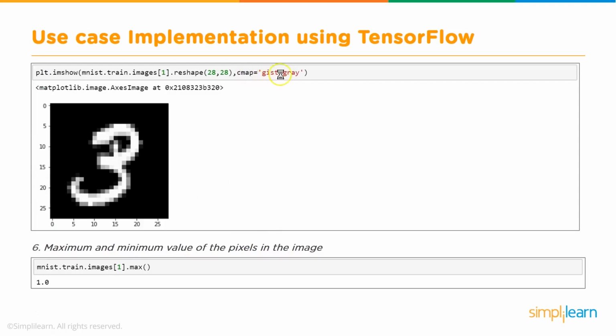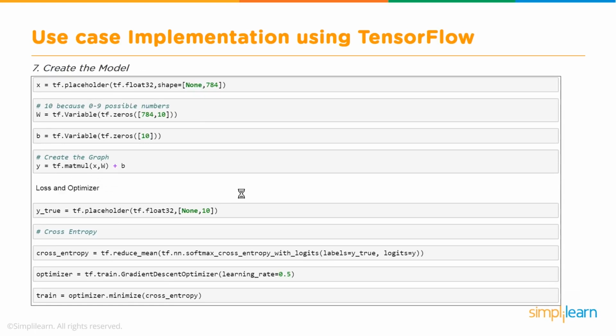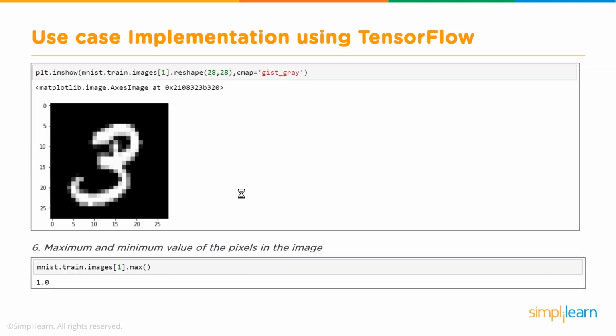The cmap is what tells in what way we want to view it, and these are the maximum and minimum values of the pixel values. Maximum is 1 because this is a scaled value. So 1 means it is white, and 0 means it is black, and in between it can be anywhere between black and white.